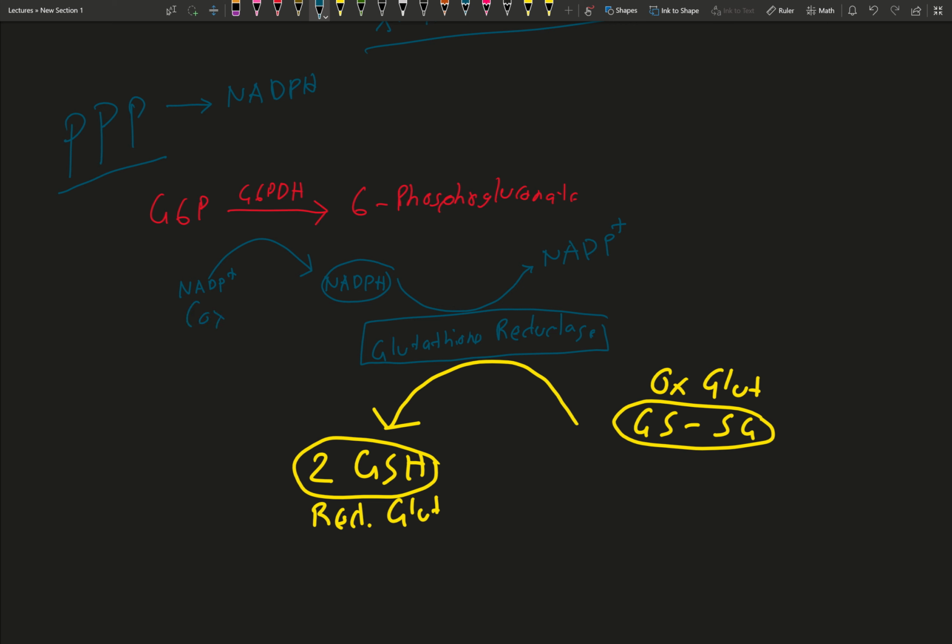In people with normal glucose 6-phosphate dehydrogenase, this NADP+ is able to be converted back into NADPH via formation of 6-phosphogluconate in the pentose phosphate pathway. However, if we were to kill this enzyme, we would have a buildup of NADP+ and wouldn't have any NADPH, meaning that glutathione would just remain in its oxidized form.